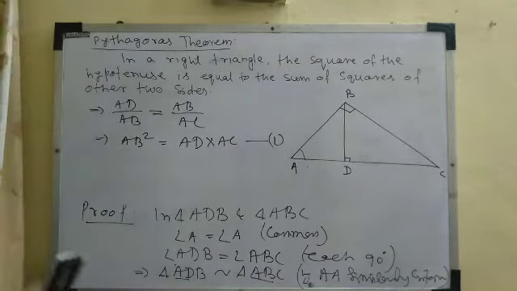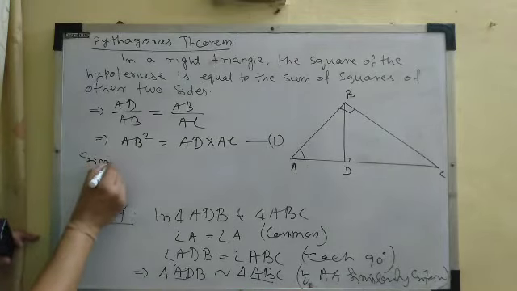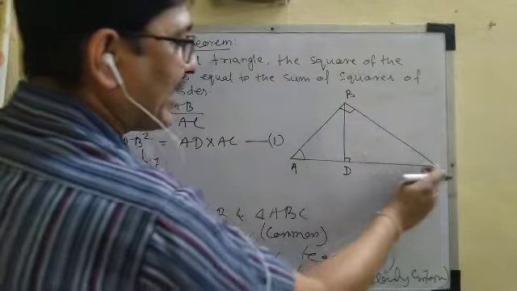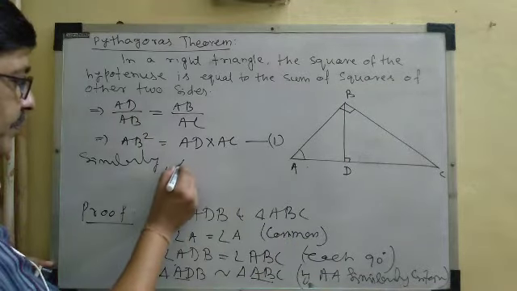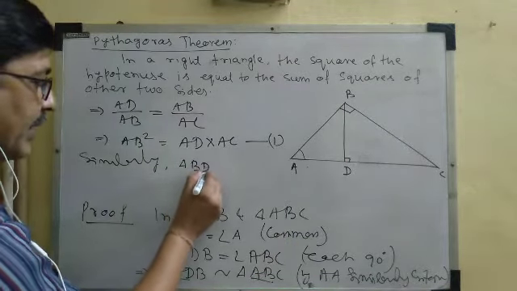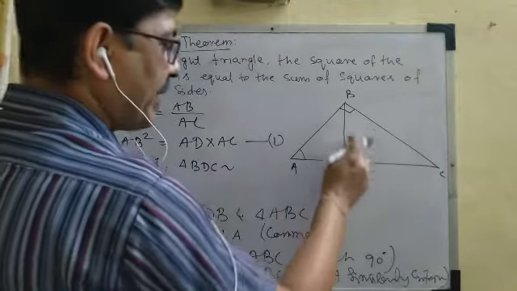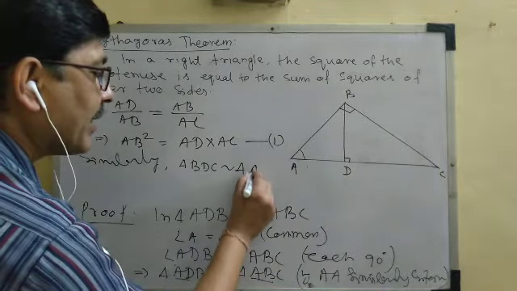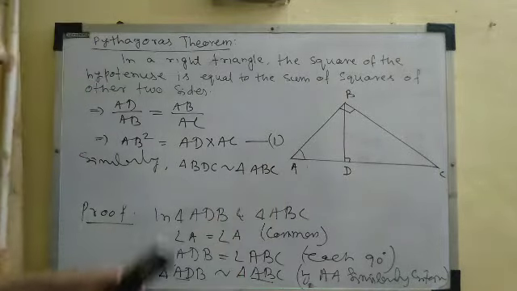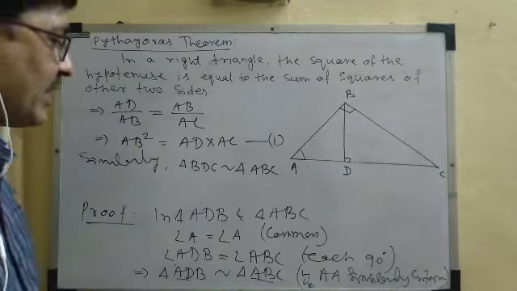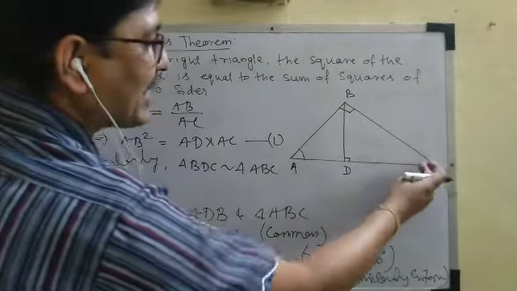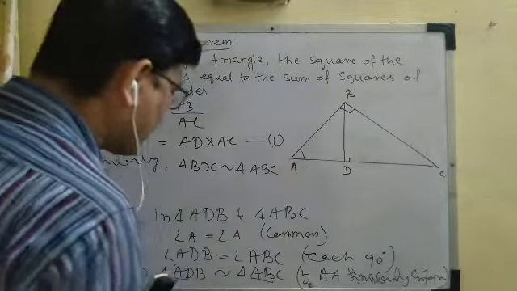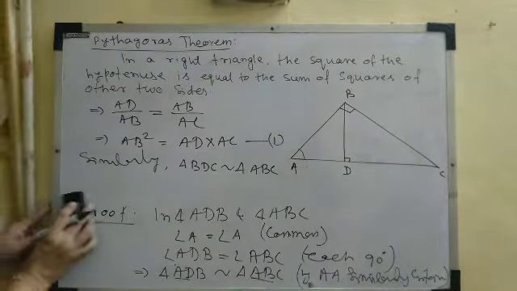In a similar way, the triangle BDC is similar to triangle ABC. This can be proved by AA similarity criterion. Angle C is common to both, and angle BDC is equal to angle ABC, which equals 90 degree.